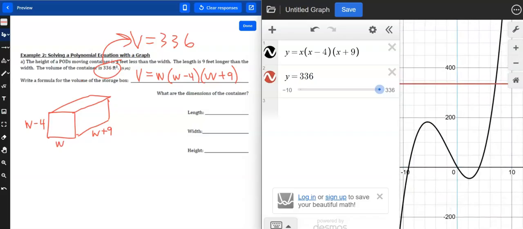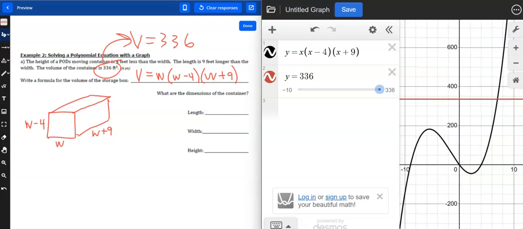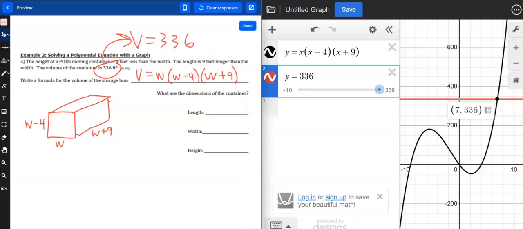What we want is the intersection point of the two graphs. So the graph is telling me x in our case represents the width, right? That's the x. And we just found out that it was 7 according to my graph.